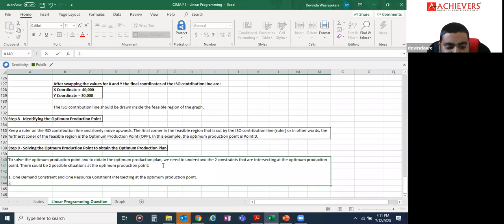Second, two resource constraints intersecting at the optimum production point.